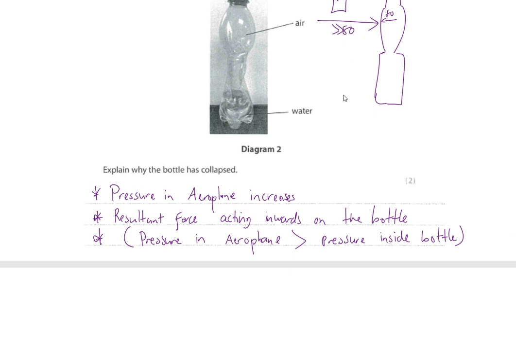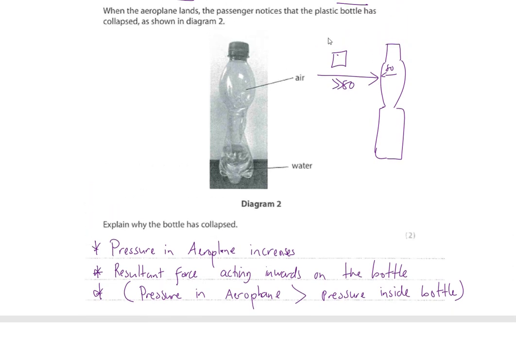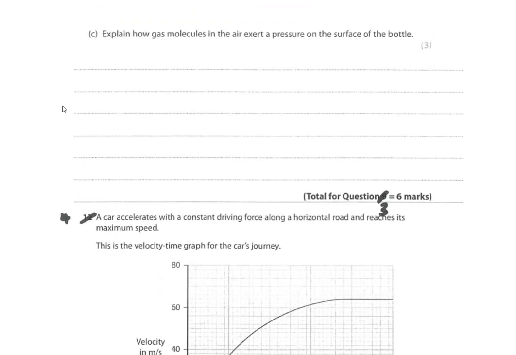There's a pressure difference: the pressure outside is much bigger than the pressure inside, so there's a resultant force that presses on the bottle and shrinks it down. Now this one is a straightforward question, we've done this plenty of times.